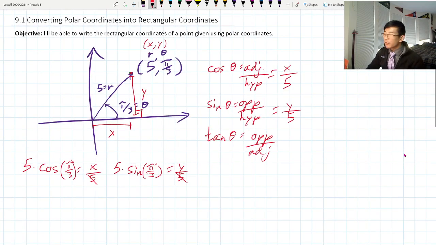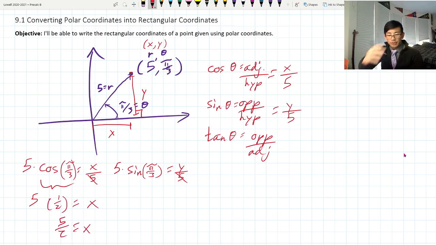We have cosine of pi over 3, remember that's 60 degrees, so it's a 30, 60, 90 triangle. The short side of a 30, 60, 90 is always half the hypotenuse. So it's 5 times 1/2 equals x, so that's 5 halves, or 2.5. And for sine, the long leg of a 30, 60, 90 is always root 3 over 2 times the hypotenuse.